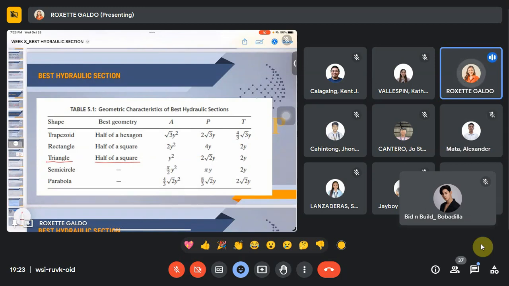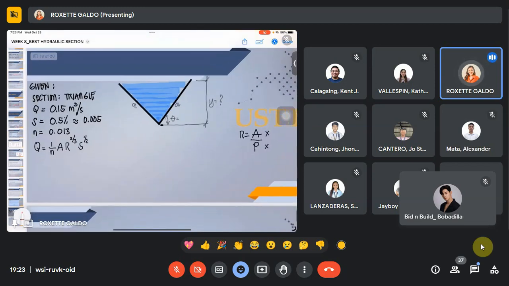The area will be this one and the wetted perimeter will be this one. Since it is in the table, we will just use it. Therefore, area will be equal to y squared, and the wetted perimeter will be equal to 2 square root of 2 y.